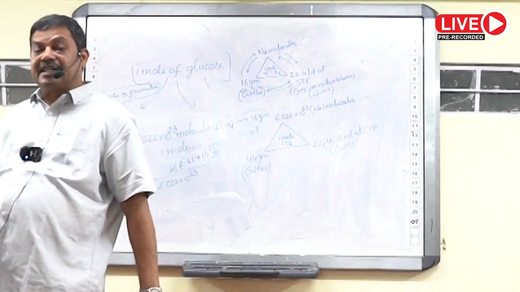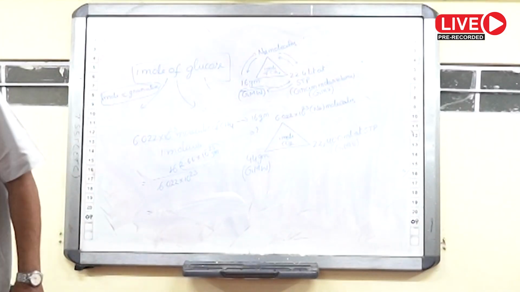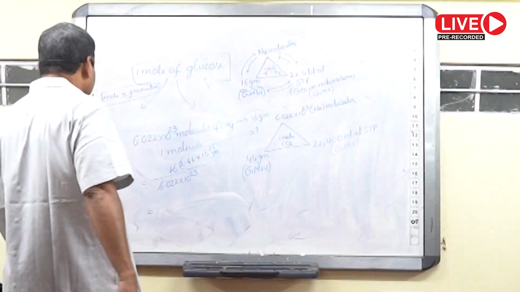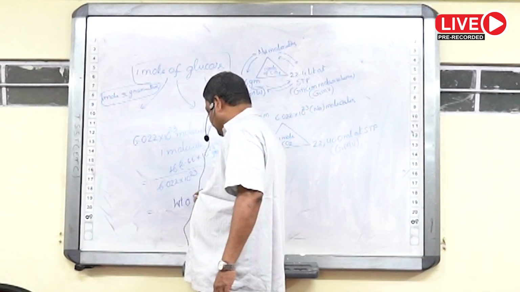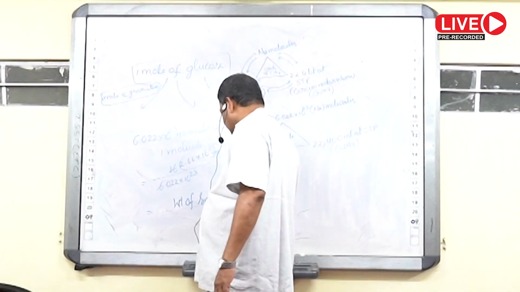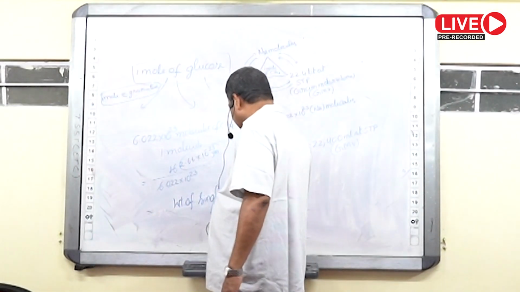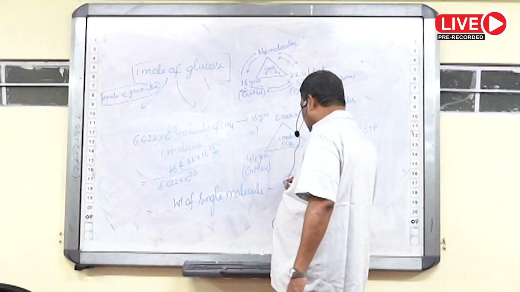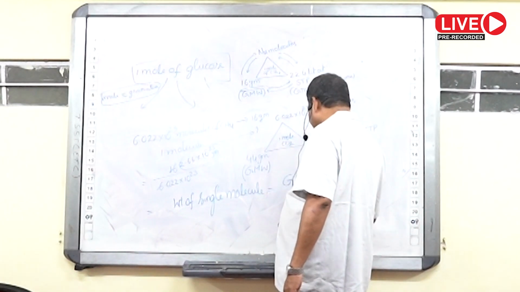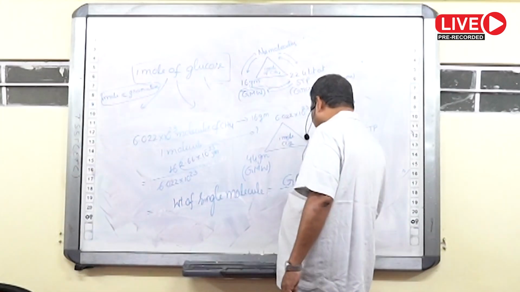That is weight of single molecule. So we can derive a formula here. Weight of single molecule is equal to gram molecular weight by Avogadro number.